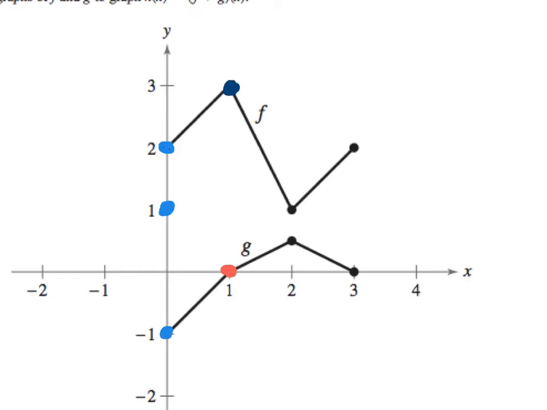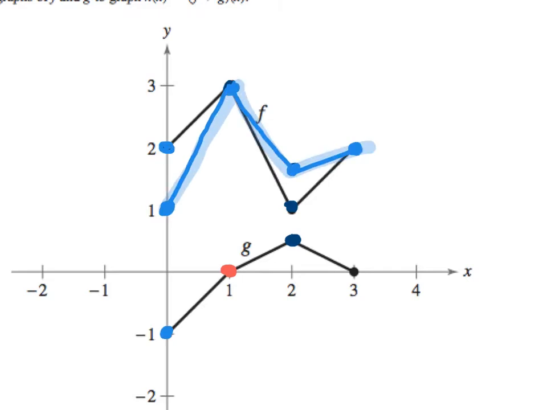And then I go to the next one. 1 plus, it looks like a half, would be 1.5. I plot that point. And then 0 and 2, I add those together, and I get 2. And then I just connect those points. So it went from 1 to 3 to 1.5 to 2. That's it.